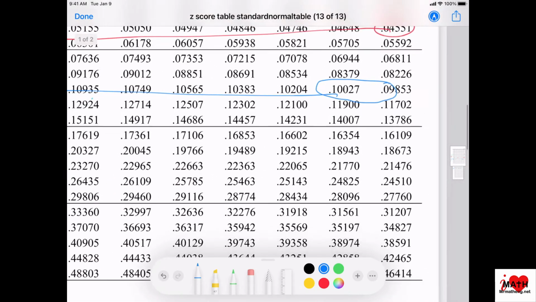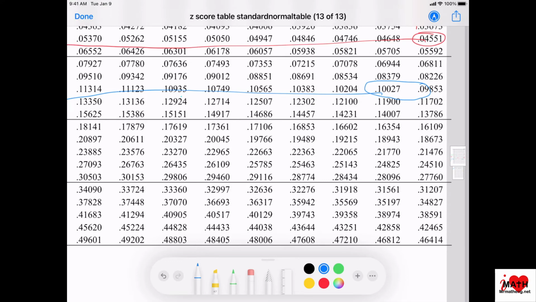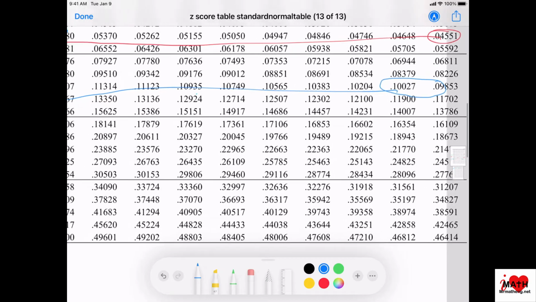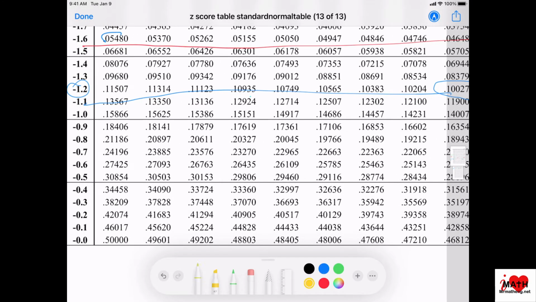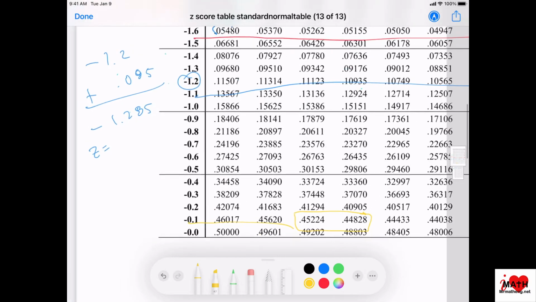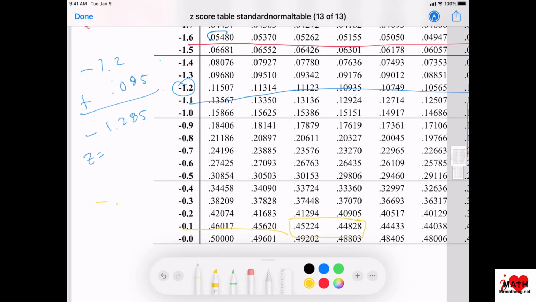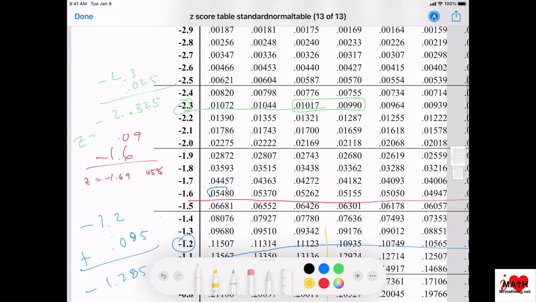Okay, let's take a look. Alright, 45% is somewhere over here. So negative 0.1, and I'm going to go between these.